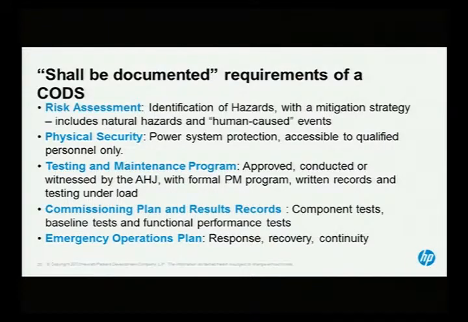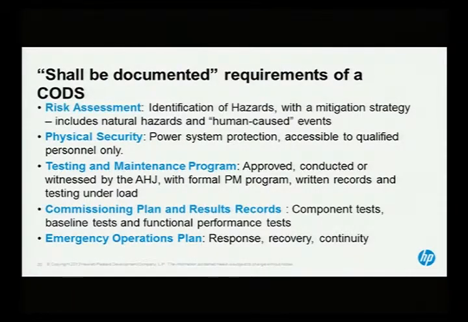You have to have a testing and maintenance program, and this is very important. Approved, conducted, or witnessed by the AHJ with a formal PM program, written records, and testing under load. You can't do no-load tests, you have to test. You have to have a commissioning plan and results are posted, and you have to have an emergency operations plan.